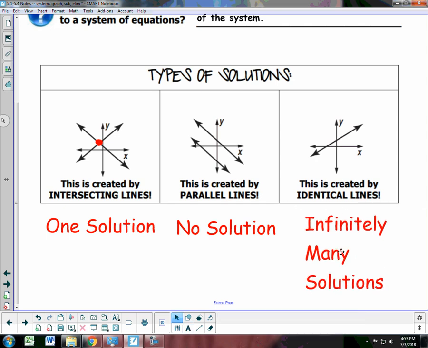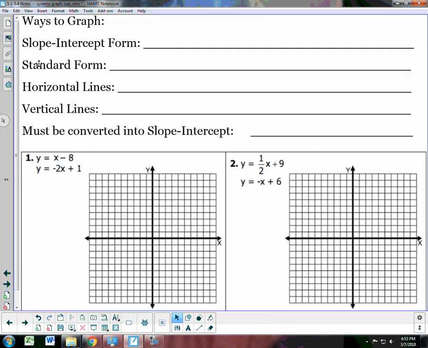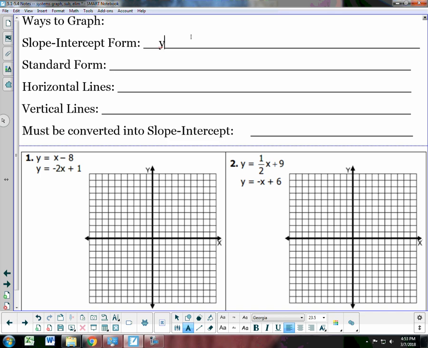All right, so let's talk about graphing these ourselves. So ways to graph. First we have slope-intercept form. Slope-intercept form is y equals mx plus b.